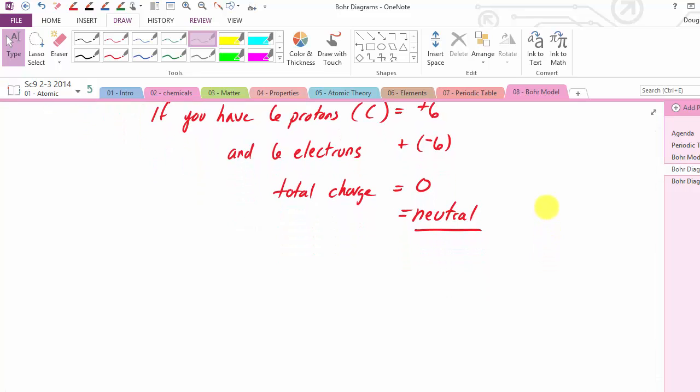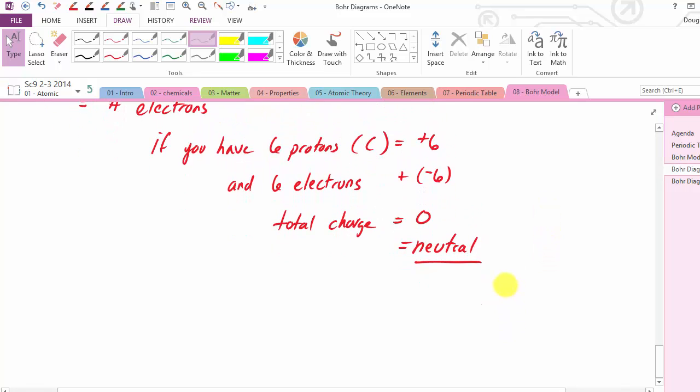If we're talking, however, about an ion, so that's number 1. Number 2, for ions, an example would be magnesium, which can form an ion with a charge of positive 2. If it forms as an ion, it'll have a charge of positive 2.